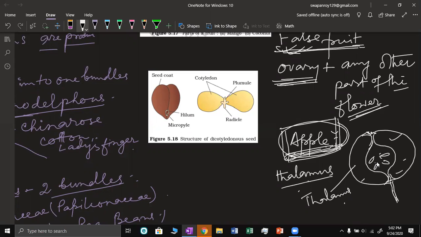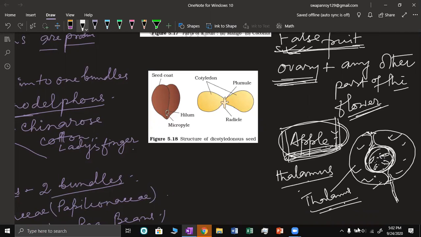This is the ovary which has matured. So in biological terms the actual fruit is this portion in the center, and it is thrown away because it is not tasty and contains seeds. The fleshy portion is eaten. So this is a false fruit; we are eating the thalamus.